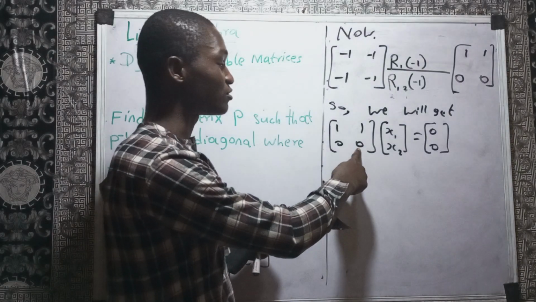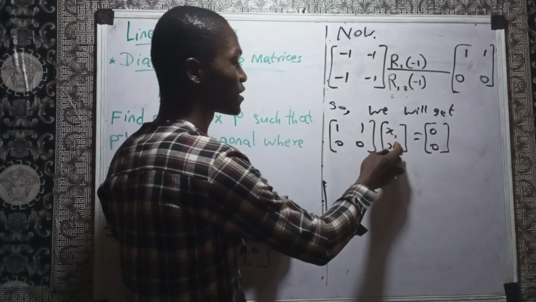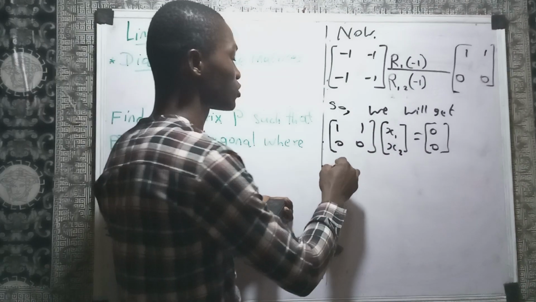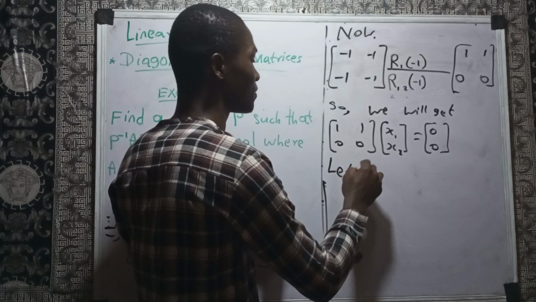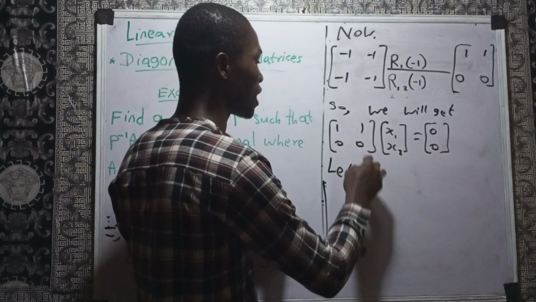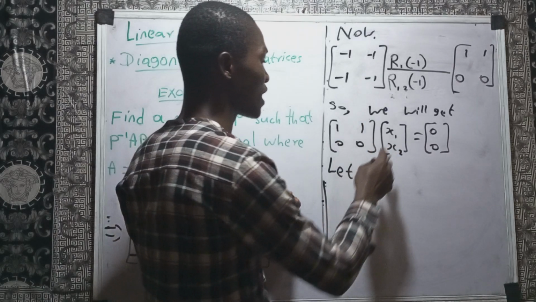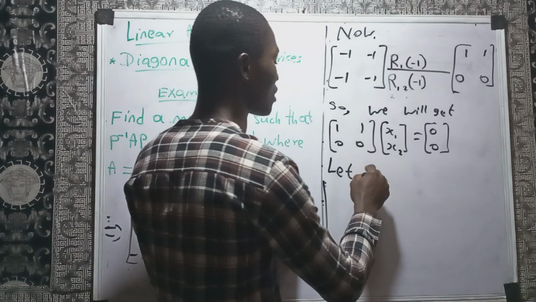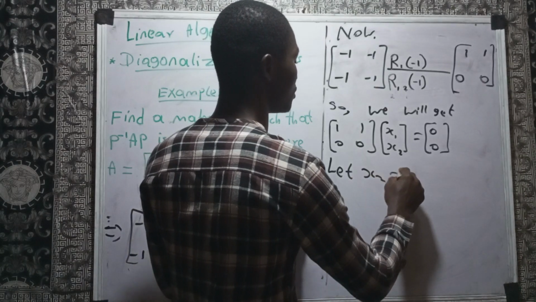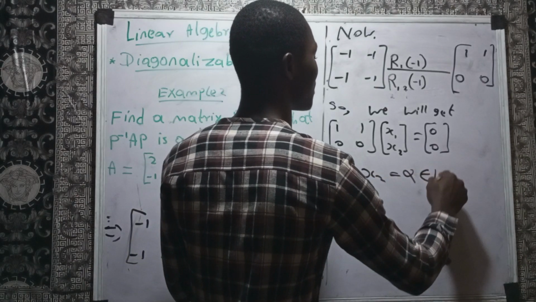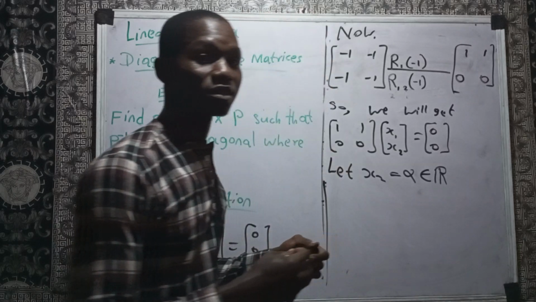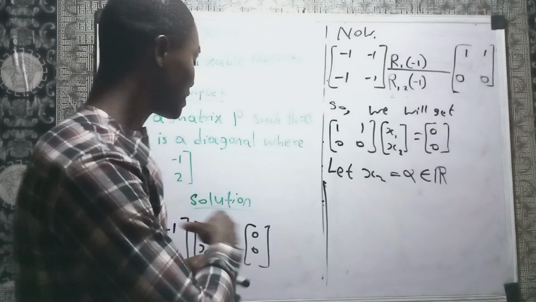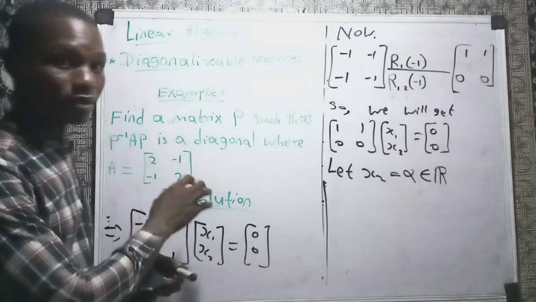Since x2 corresponds to column 2 and column 2 does not have a leading entry, x2 will be a free variable. So let x2 equal alpha. This alpha is an element of the real numbers because the entries of our matrix A are real.